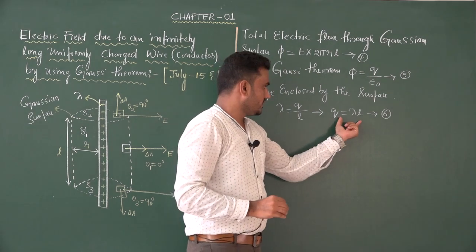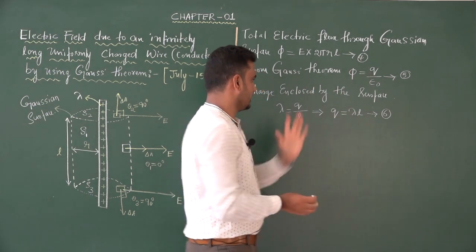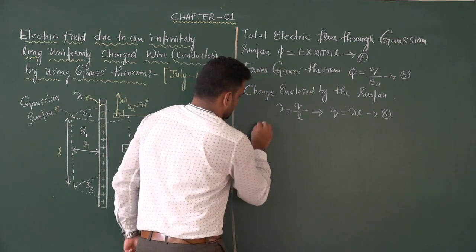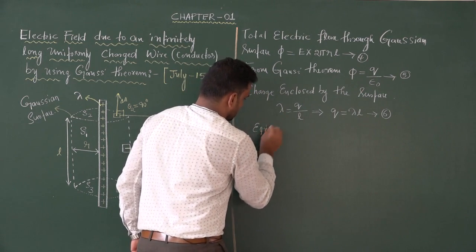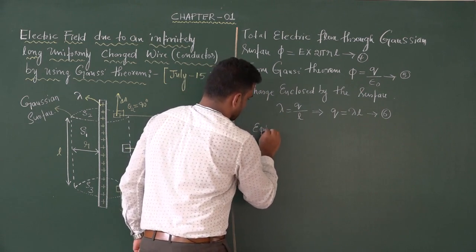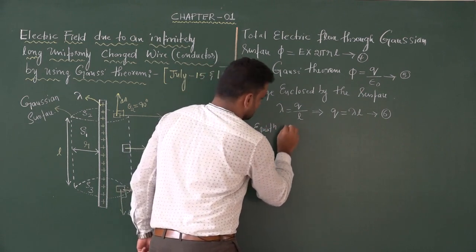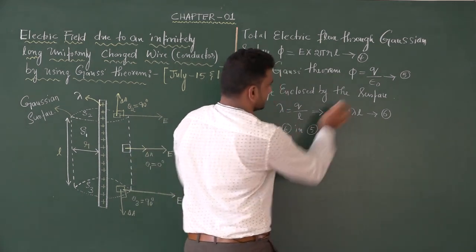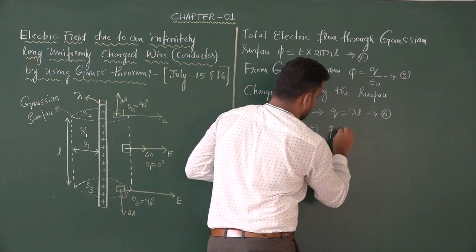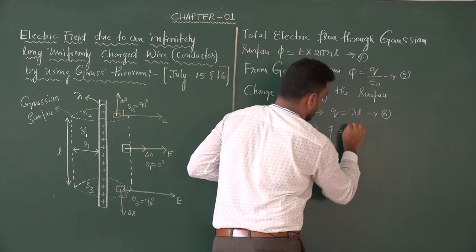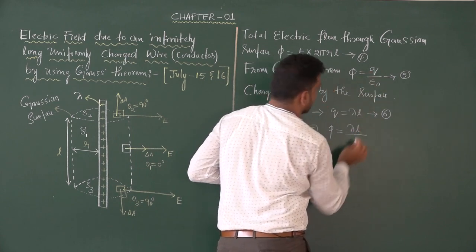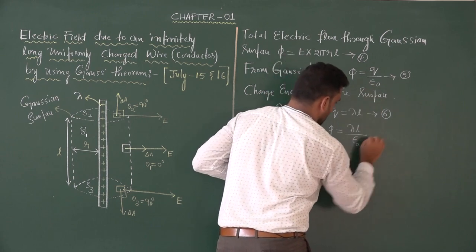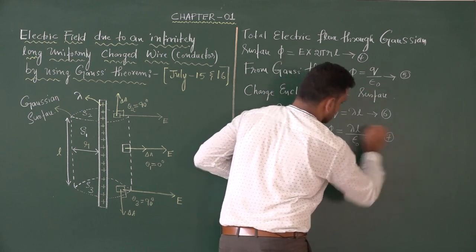Now I am substituting equation 6 in phi. So what is the equation of phi? Phi is equal to, in the place of Q I am writing lambda L divided by epsilon naught, equation number 7.